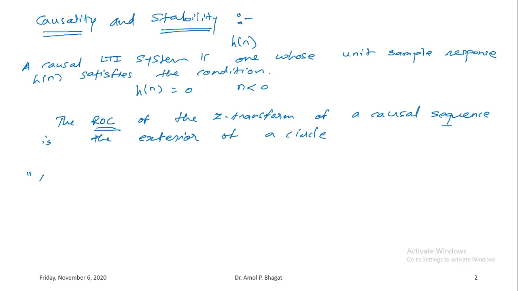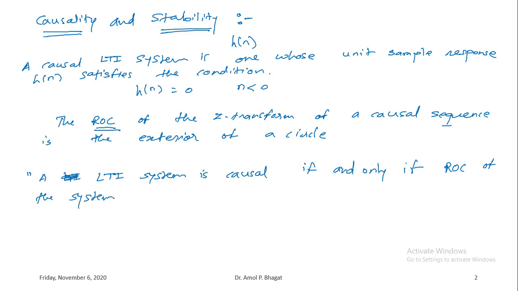So LTI system is causal if and only if ROC of the system function is the exterior of a circle.